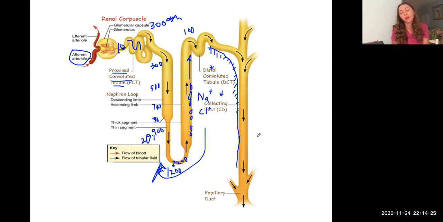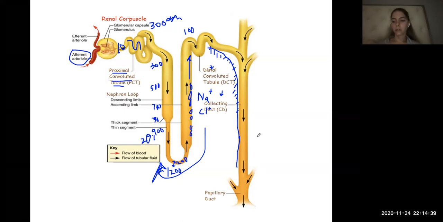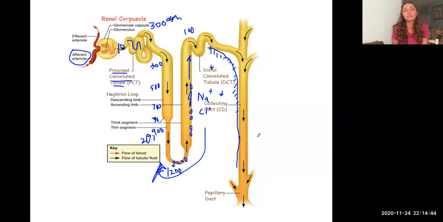I don't think it has to do with ADH. No, it doesn't. It just has to do with whether your body needs it or not. Like if you need calcium, your body's going to absorb calcium.